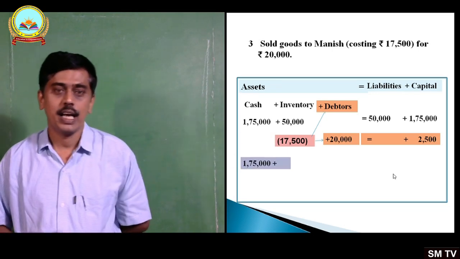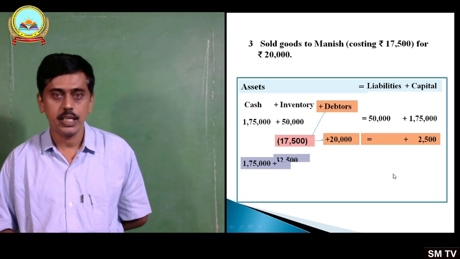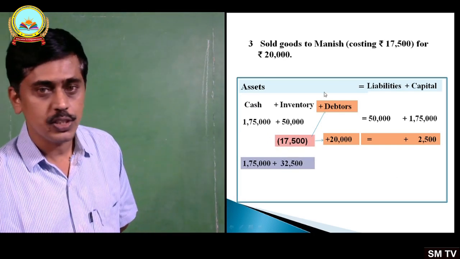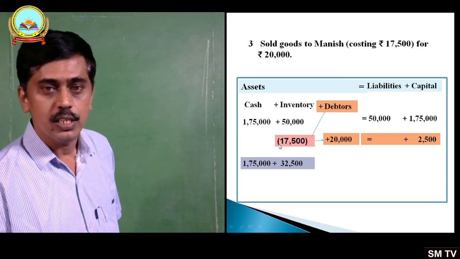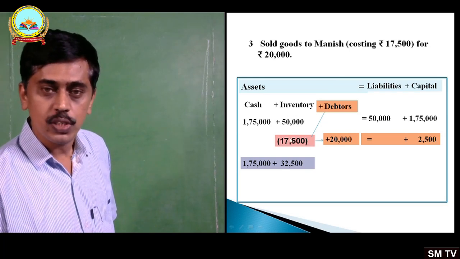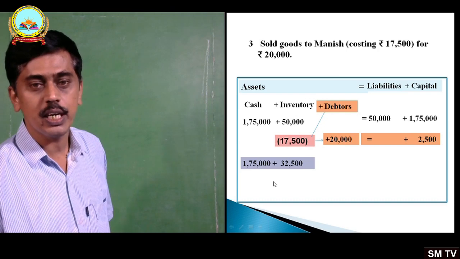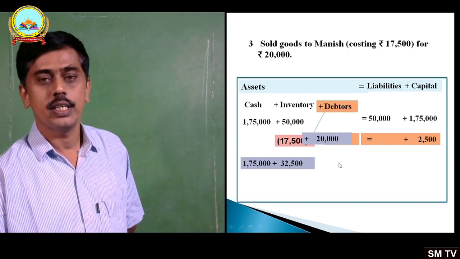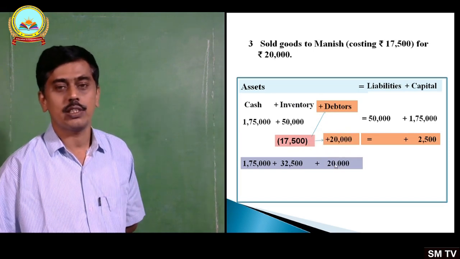Cash 1,75,000. Inventory 32,500. How? Earlier it was 50,000. See there, 50,000. 17,500 goods sold to Manish. Remaining goods, how much? 32,500. And debtors, how much? 20,000.